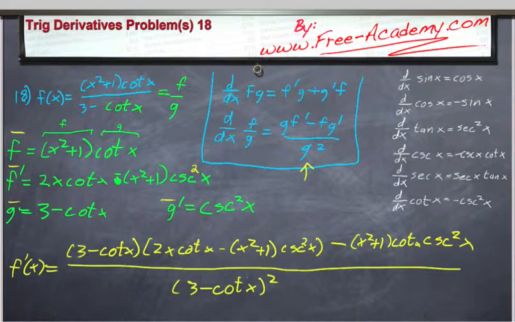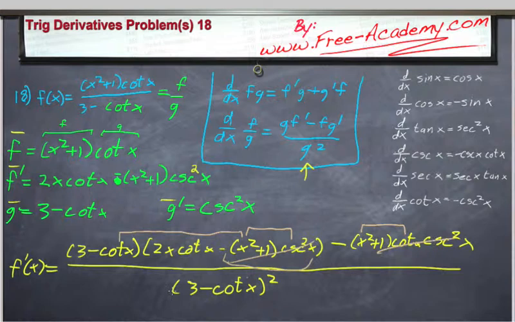If you want to be ambitious, you can simplify this down, which I would highly recommend if you ever came up with something like this and you need to keep doing operations on it. The only thing that is immediately obvious to me in simplifying is that the cotangent times the x squared times the cosecant squared is equal to the x squared times the cotangent times the cosecant squared. And we have two different minus signs, so this would be a positive and this would be a negative, so those would cancel. Actually, the x squared plus 1 cosecant squared minus cotangent terms would all cancel out.